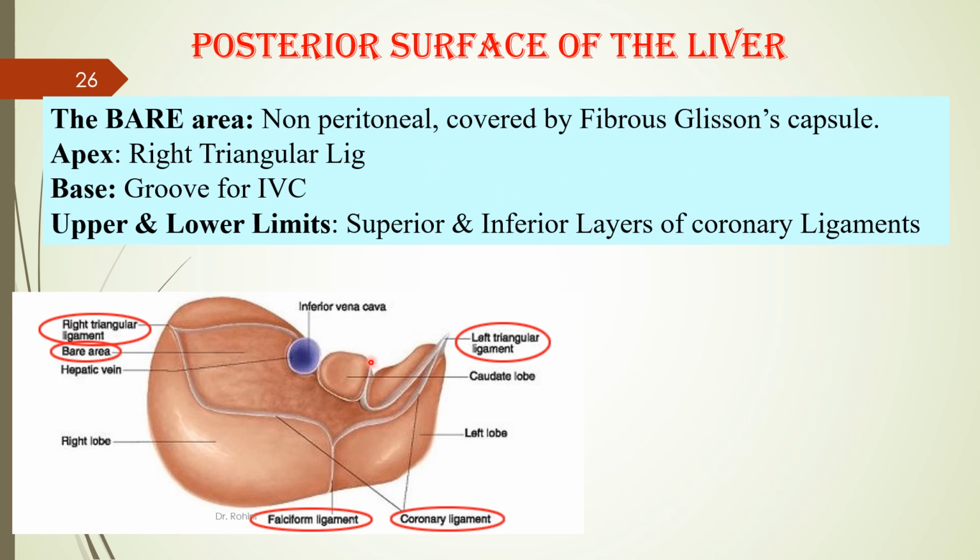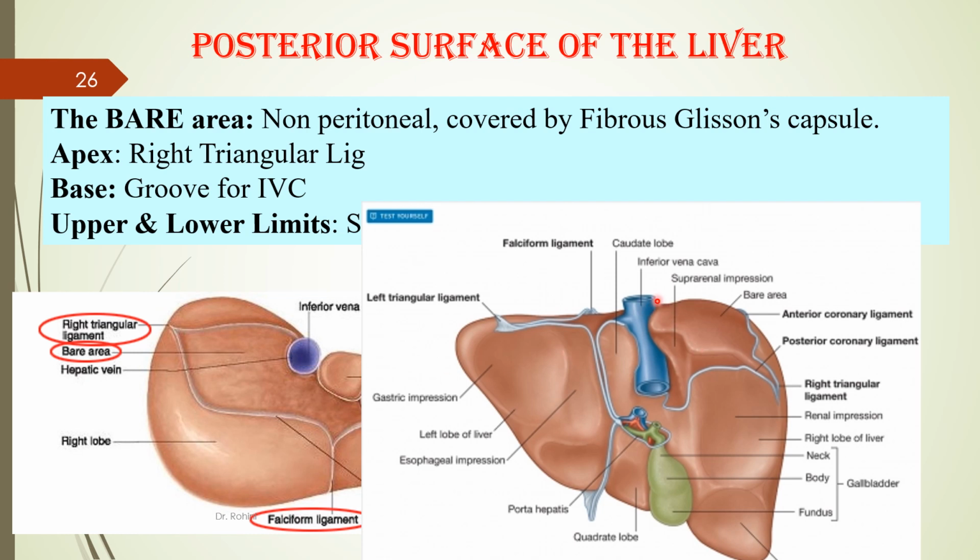Now the bare area, it's a non-peritoneal area covered by fibrous Glisson's capsule. What are the relations here? It is a triangular area having apex on one side, base on one side. You can see clearly in this picture that the base is formed by the groove for inferior vena cava. Apex is opposite to the base.